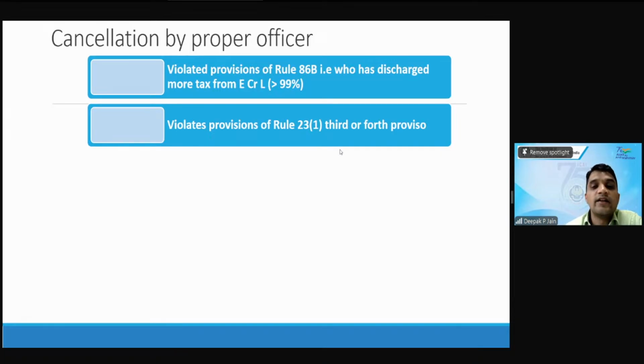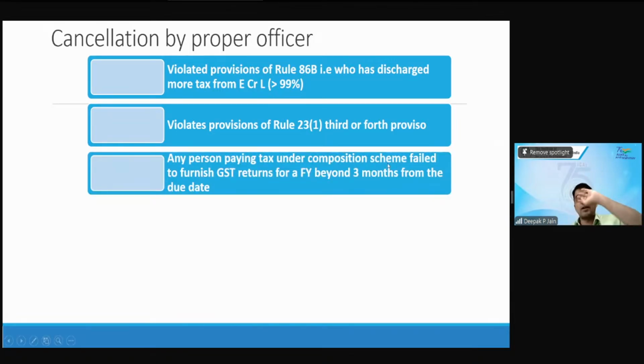ठीक है? अगर एक कॉम्पोजिशन टैक्स पेयर का ईयरली फाइलिंग है और एक साल का रिटर्न उसने डिले कर दिया है, पहले ही मंथली और क्वार्टरली से बच के वो आपको ईयरली फाइलिंग करने के लिए देते हैं और इसको भी आप टाइम पे नहीं करते हो। कितना टाइम? ठीक है, डिले हो गया, आप 3 महीना डिले कीजिए, उससे भी ज्यादा डिले हो गया तो फिर गवर्नमेंट को टैक्स नहीं मिलेगा। Correct?